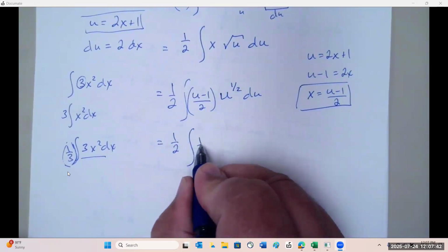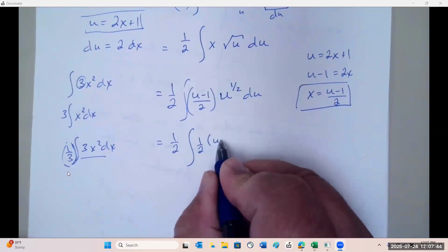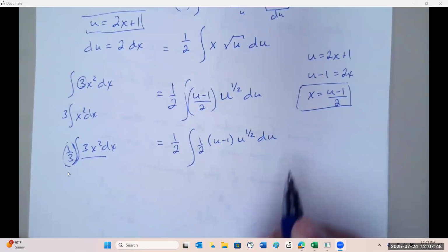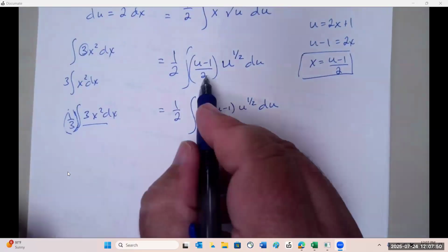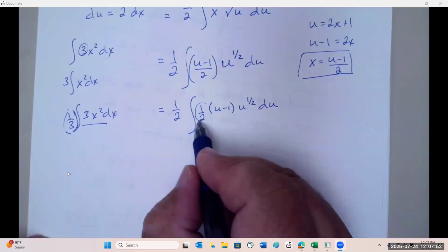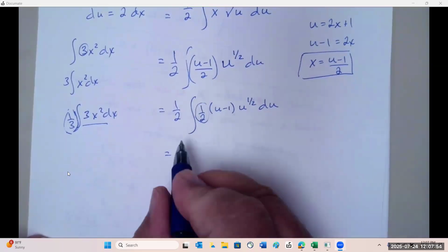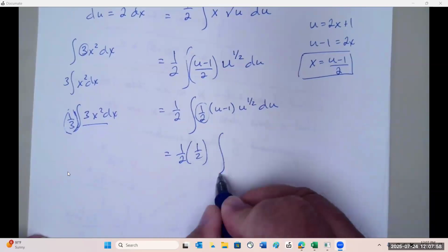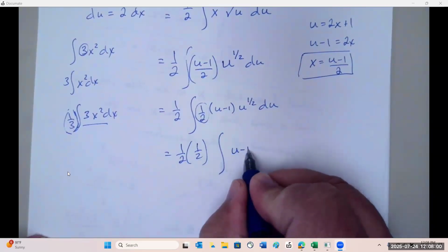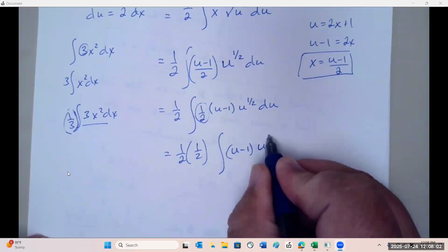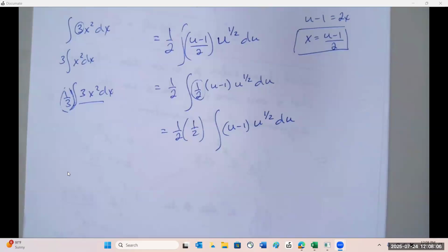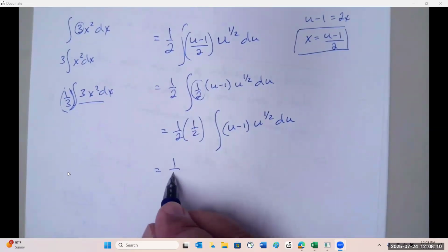This one half on the bottom, I could bring it out in front of the integral, which makes it 1/4 now.